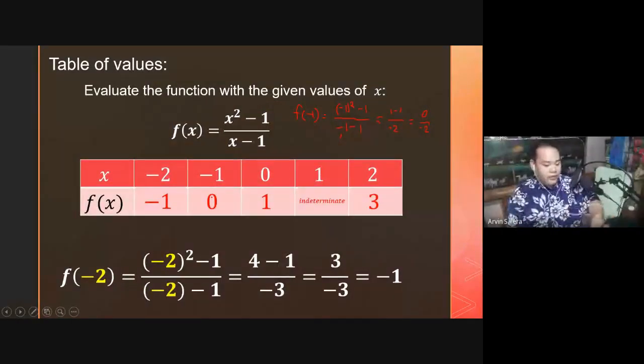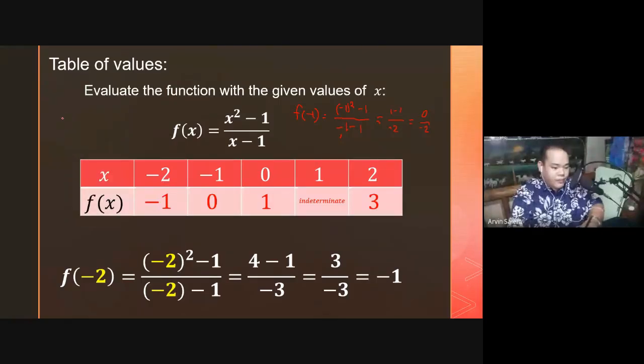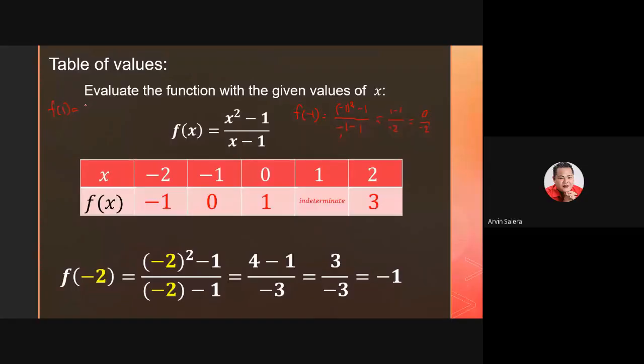Now, I will try to discuss this. So, f of 1 equals 1 squared minus 1 all over 1 minus 1.